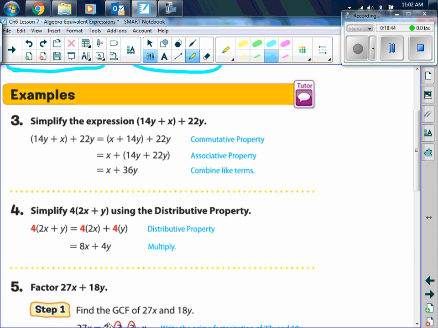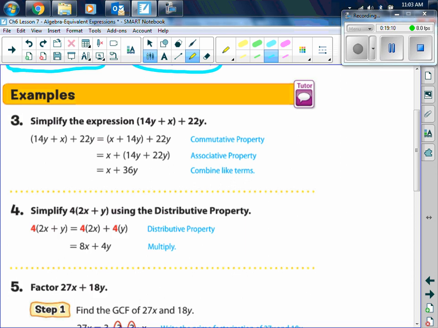So we want those to be closer together, okay? So here I'm going to flip the 14y plus x, and I'm going to write that as x plus 14y. The property that allows me to do that is commutative property of addition. Very good. So now I want to take the parentheses and I want to move them from the first 2 to the second 2. Is everyone with me?